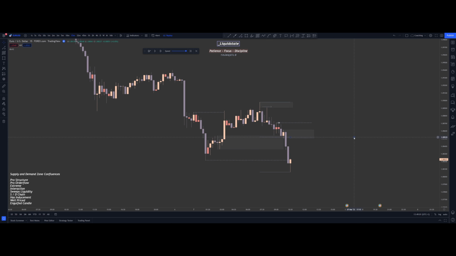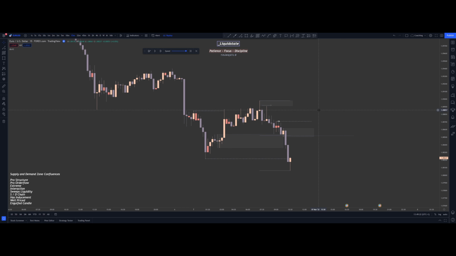Anything above this line is in the premium, so you ideally want to sell because it's well priced to sell, and it's expensive to buy up here. The same is true for the discount. So ideally buys below the 50% and sells above the 50%, which keeps you on the right side of expensive and cheap places to buy and sell.